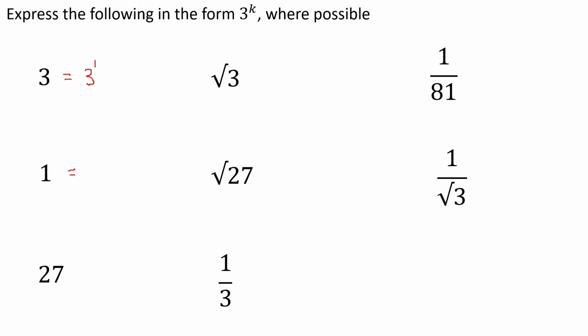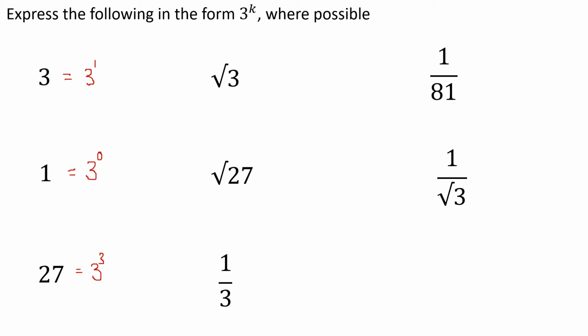So we could just write 1 is equal to 3 to the power of 0. Our third example, we need to be able to know multiples of 3, but we can see that 3 times 3 is 9, 9 times 3 is 27, so we should know that 3 cubed is equal to 27. They mean the same, we are just writing it so that they are of the base 3.